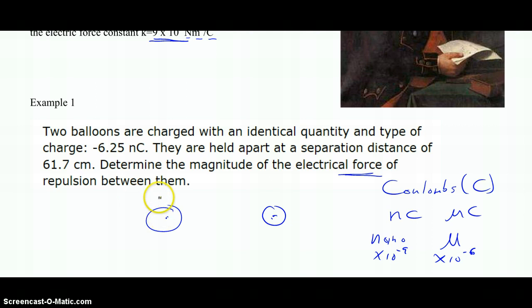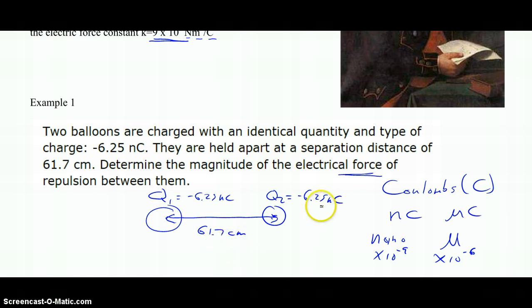The charges on each of these, this is Q1, is negative 6.25 nanocoulombs, and this is Q2, which is negative 6.25 nanocoulombs. The separation distance between the two actual charges, center to center, is 61.7 centimeters.